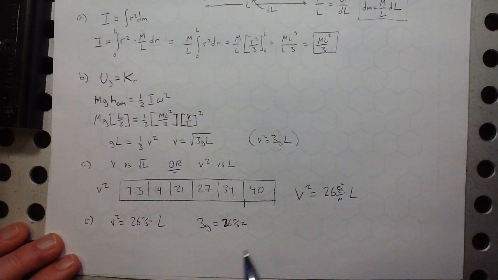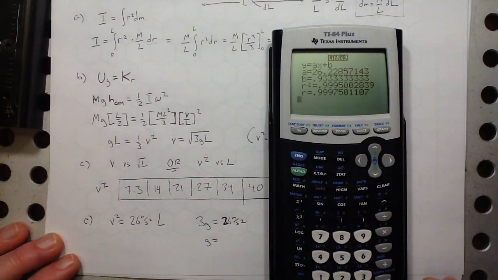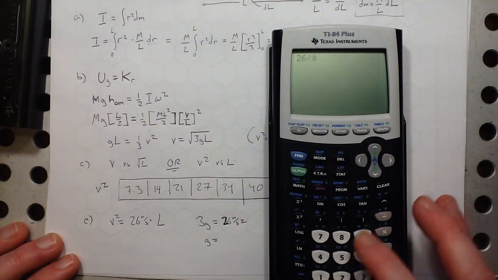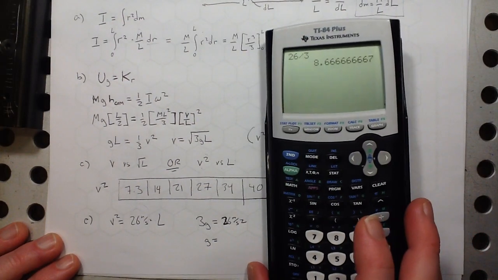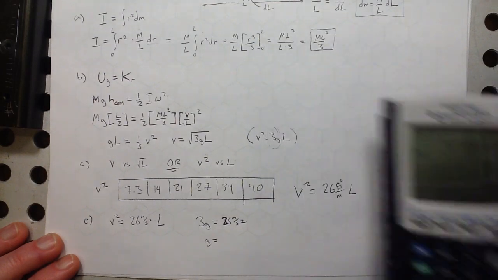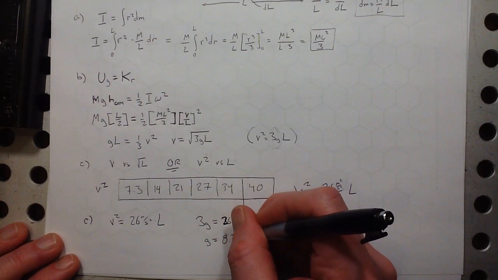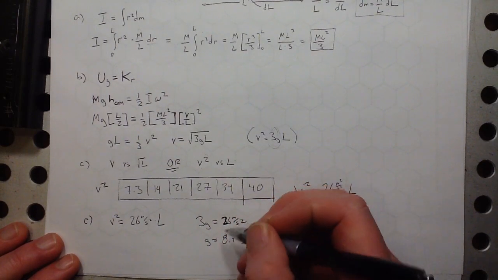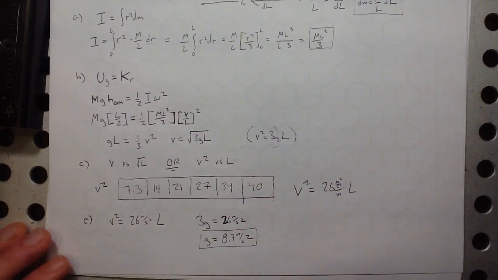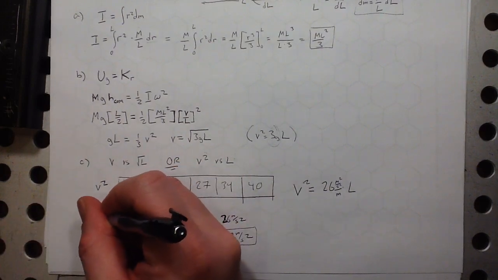That's my slope, so I set those equal. So my experimental value for g is 26 divided by 3, which is 8.7. So, I mean, yeah, it's kind of ballpark-ish, I guess, right? And then that's E part 1.